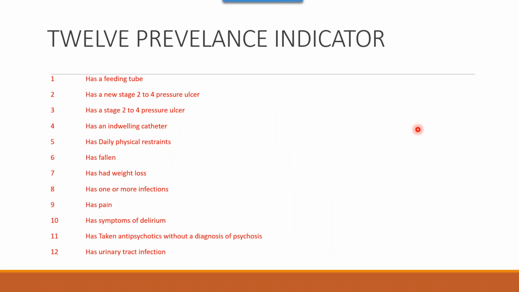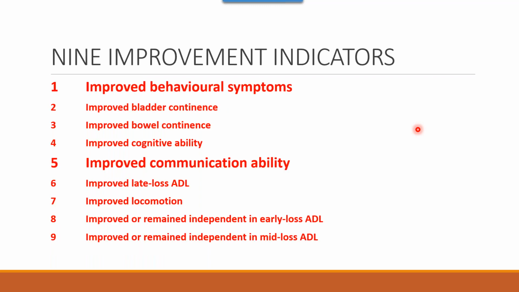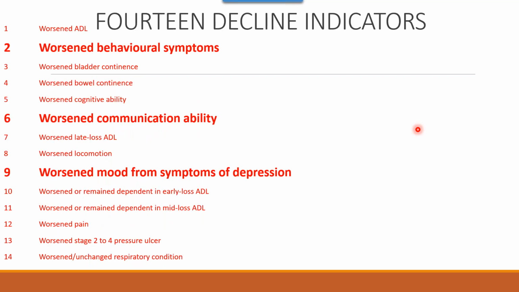We're not looking at any prevalence indicators today. We're finished with all of the 12 prevalence indicators. We are looking at 2 indicators related to improvement, that's the behavioral symptoms and then the communication. And we're looking at 3 indicators where it's a decline: worsened behavior, worsened communication, and worsened mood.